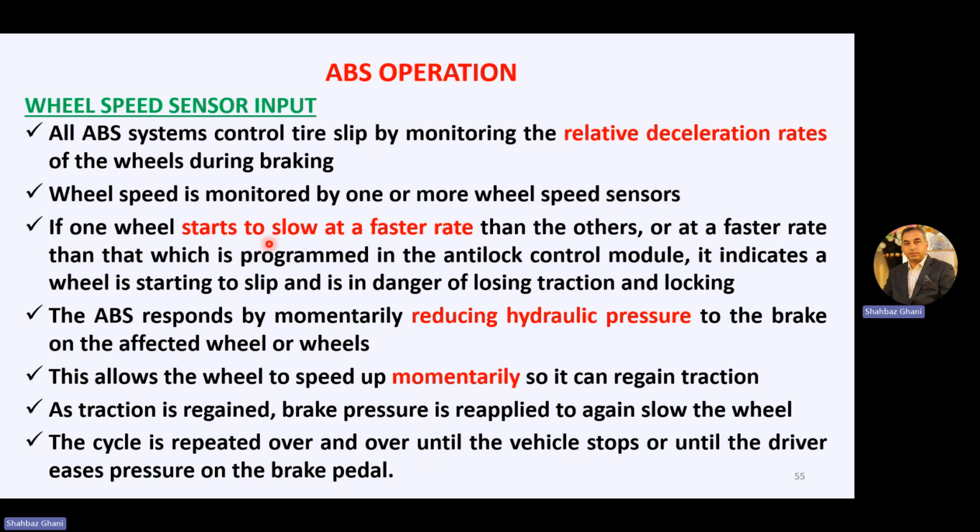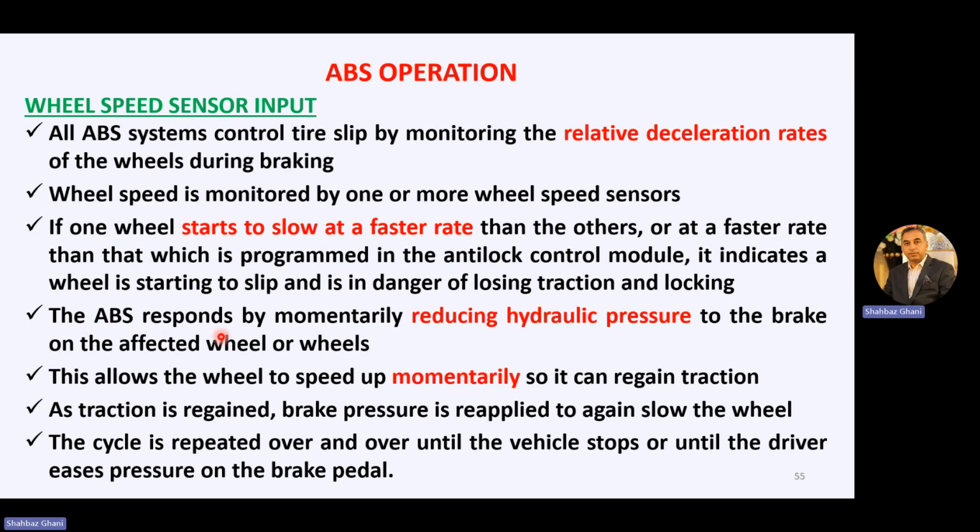If one wheel starts to slow at a faster rate than the other, or faster than that which is programmed in the anti-lock control module, it indicates that the wheel is starting to slip and is in danger of losing traction and locking. So with the help of the speed sensor, we are monitoring the locking or slipping of the wheel.